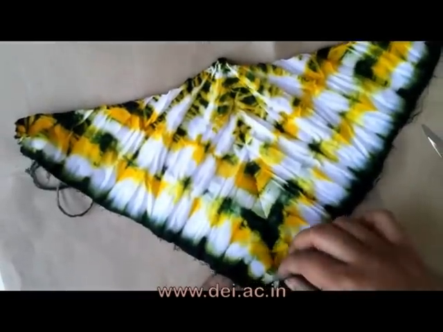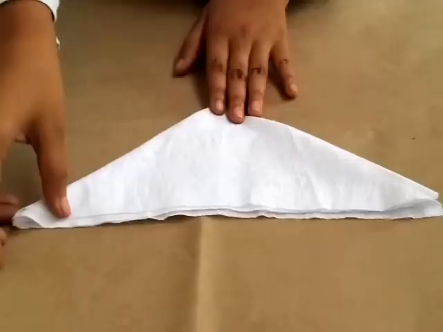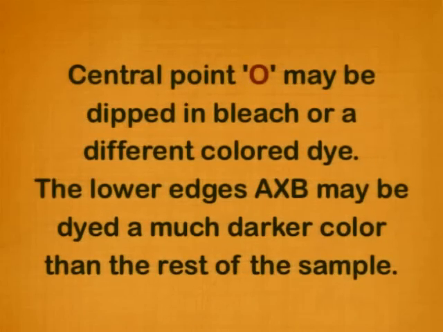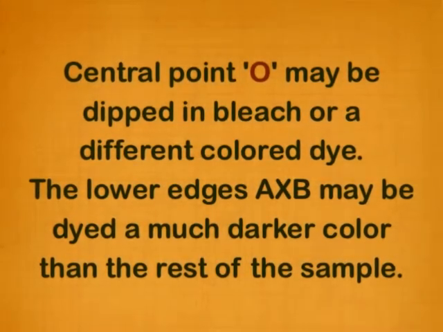Rinse, dry and untie. The central point O can be dipped in bleach or a different colored dye. The lower edges AXB may be dyed a much darker color than the rest of the sample.